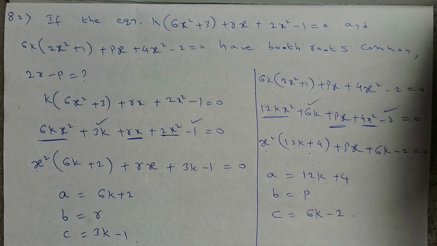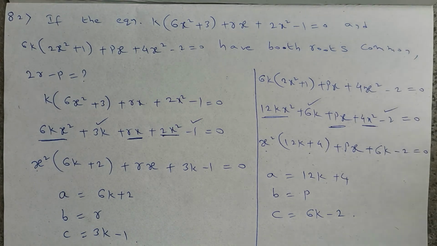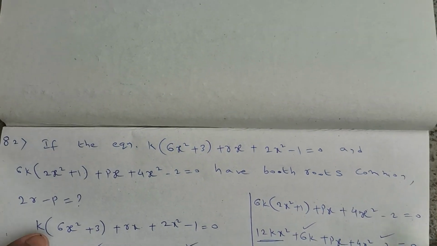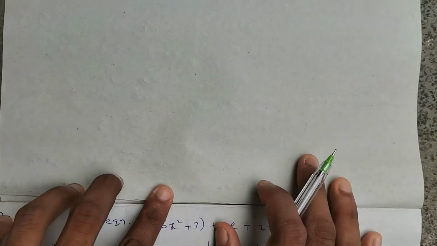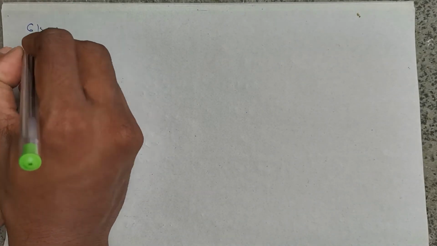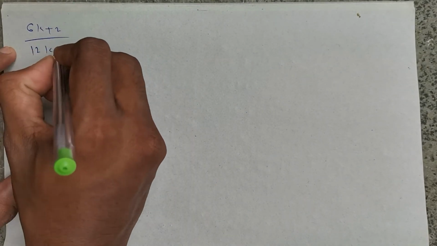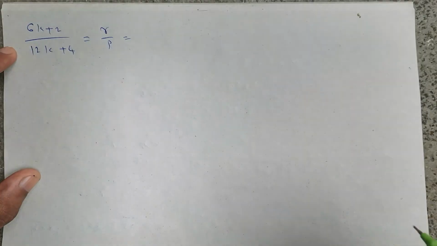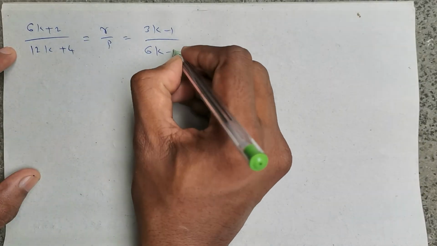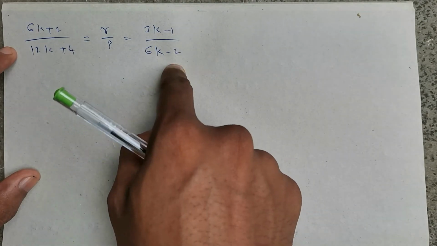Let me write that. a1 by a2, that is 6k plus 2 divided by 12k plus 4, is equals to b1 by b2, r by p, is equals to c1 by c2, 3k minus 1 divided by 6k minus 2.